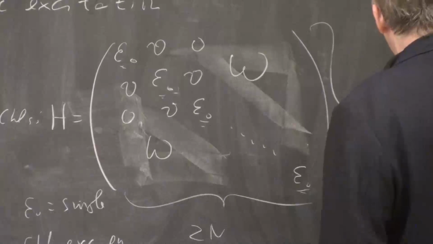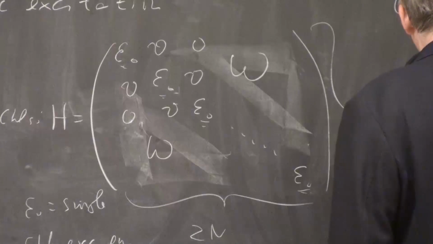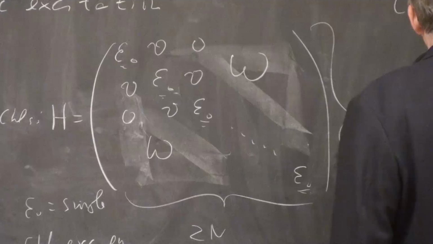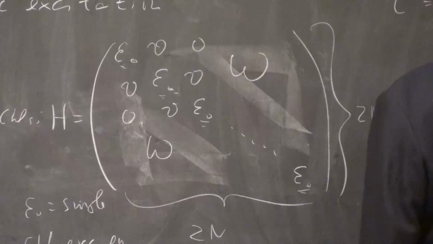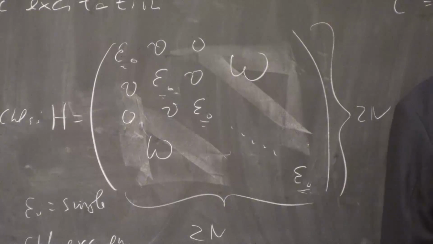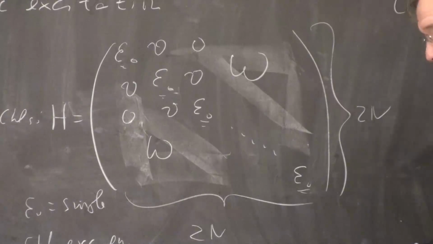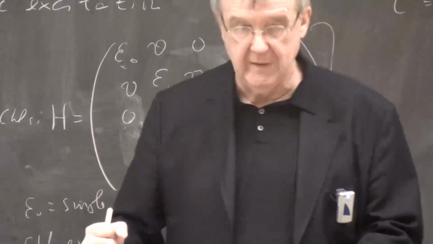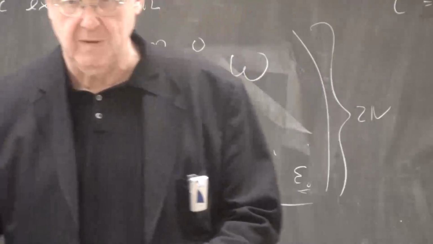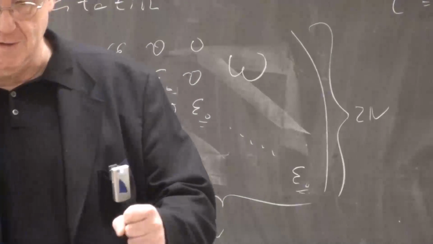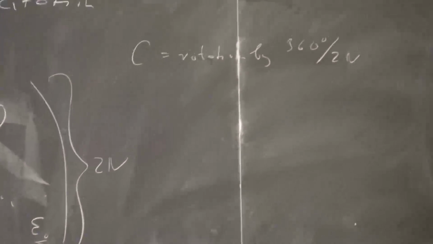If C is a rotation by 360 degrees divided by 2n, and we rotate the Hamiltonian, we're getting the same Hamiltonian because everything is rotation symmetric.